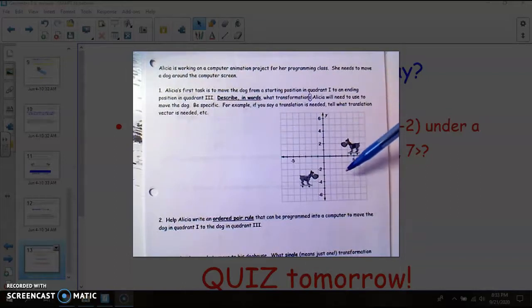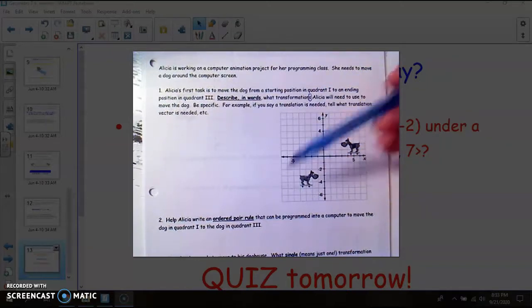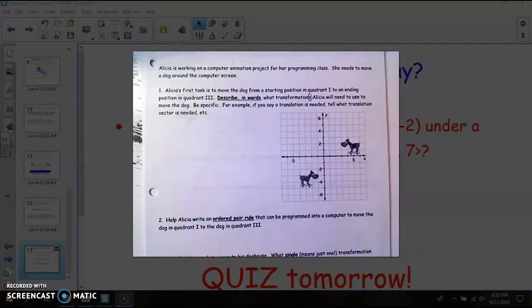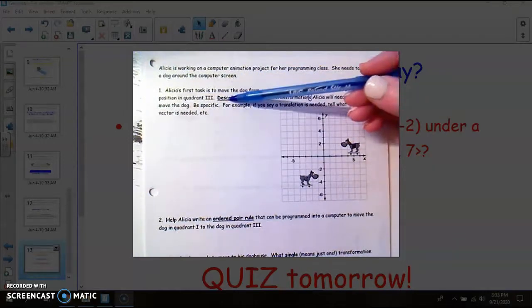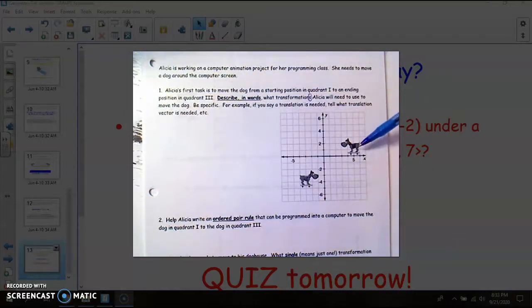What direction are you going? If you're saying it's a translation, how many units are you translating, and in what direction or directions are you going? You might be going left and up or right and down. Might be a combination. So be very specific in describing in words what transformations, plural, will get you from the dog that's in quadrant 1, this one, to the dog in quadrant 3, this one.